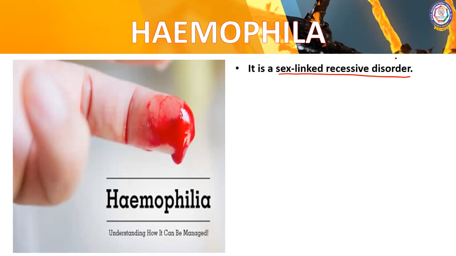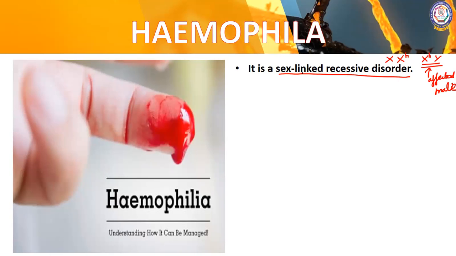For example, I'll take XX female and XY male. And this disorder hemophilia, let me take H. If I write like this, XXH, she is a carrier, okay? And if I write XHY, this person is an affected male.